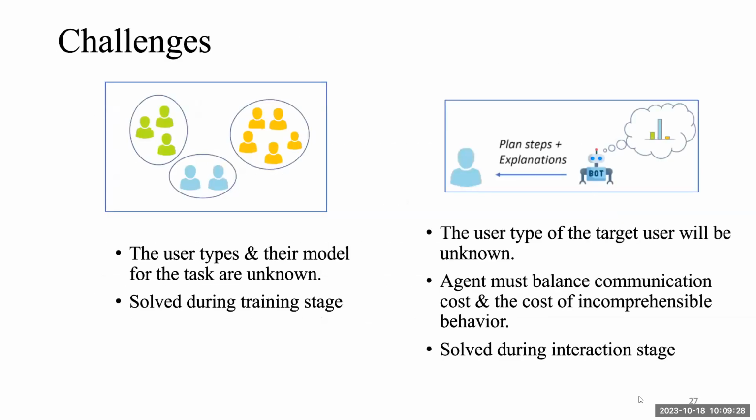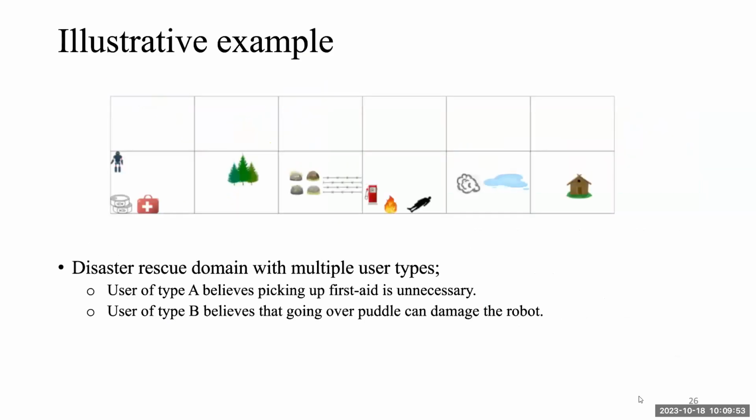I would say that it has like 2 parts. One is we want to see what are the user types that exist for the task. Part A is to first detect what are possible types of users.